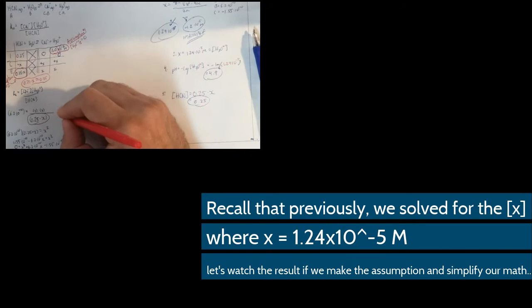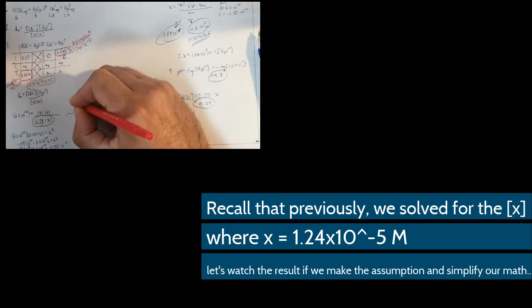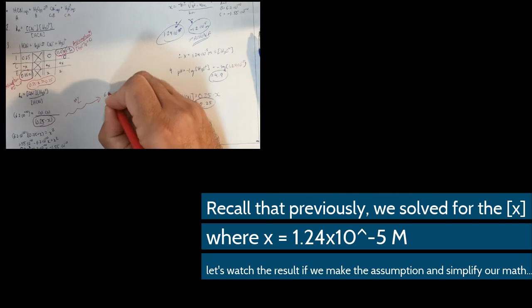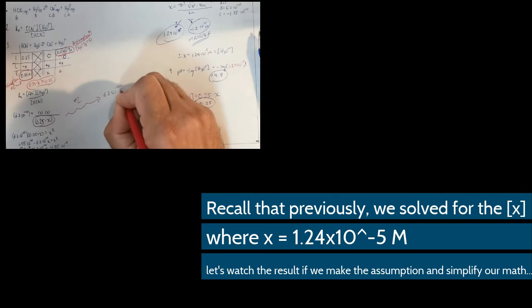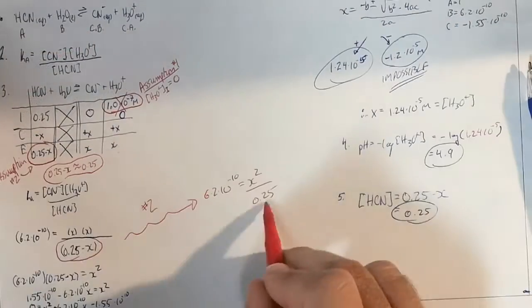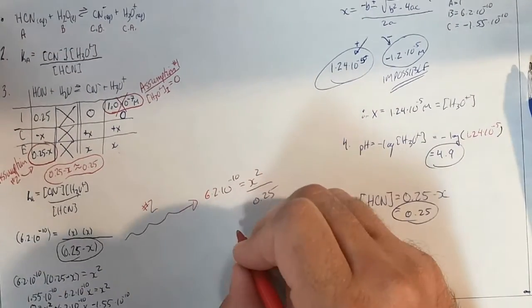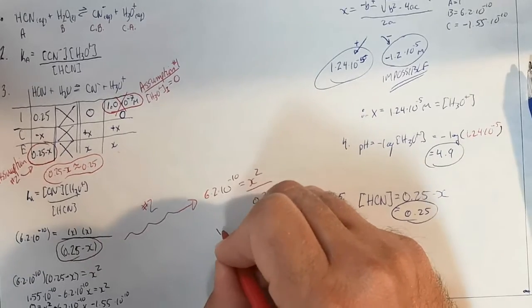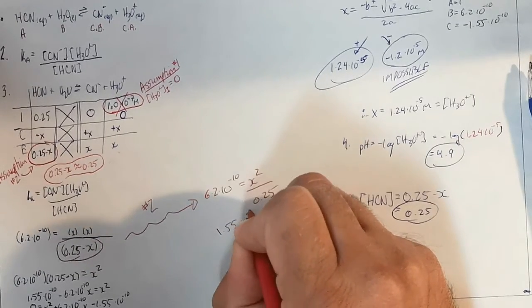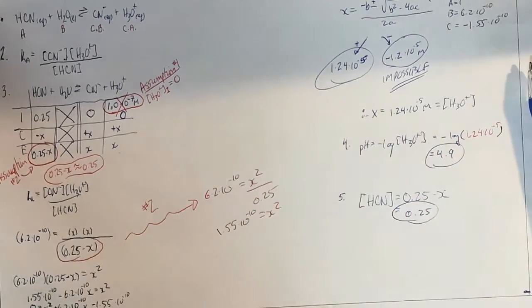Now, using assumption number 2, if we substitute 0.25 for 0.25 minus x, 0.25 times that, we get 1.55 times 10 to the minus 10 equals x squared.